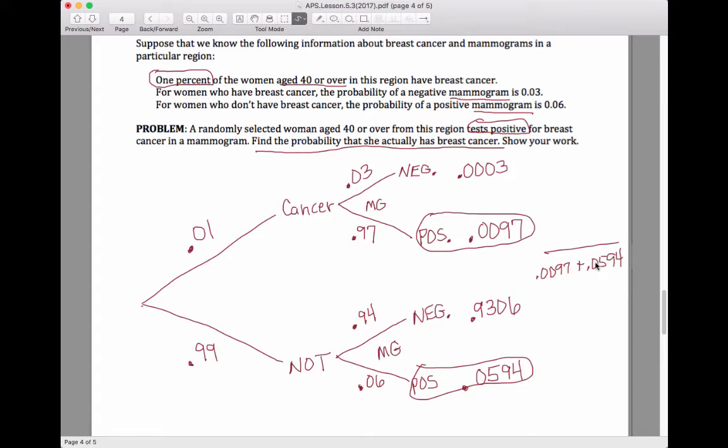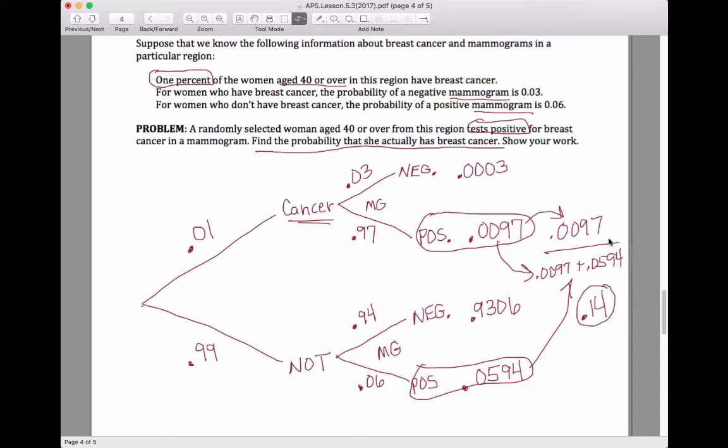But of those that got a positive result, the ones that actually did have cancer is just the 0.0097 group. That's the group that actually had the cancer out of the total that were told they had cancer. And when you calculate that probability, look what you get. You get about a 14% chance.